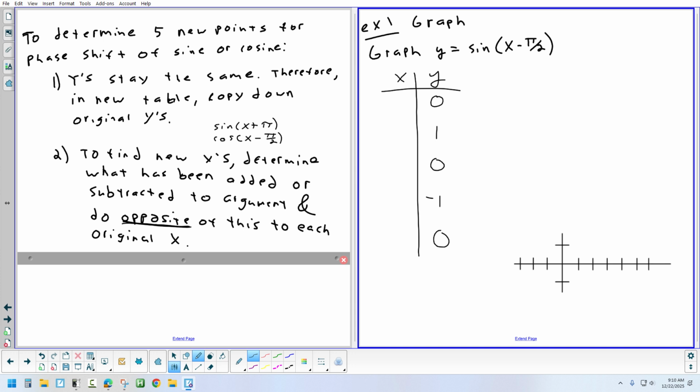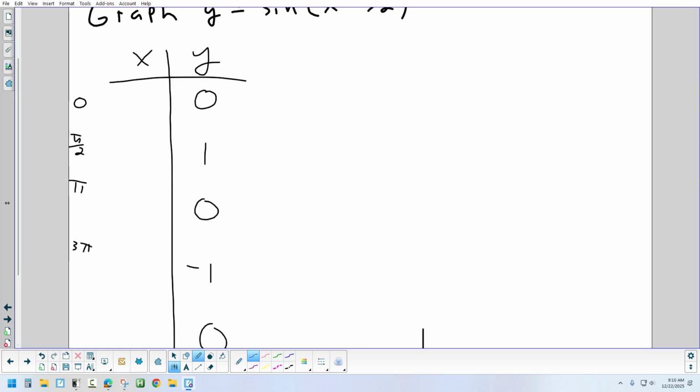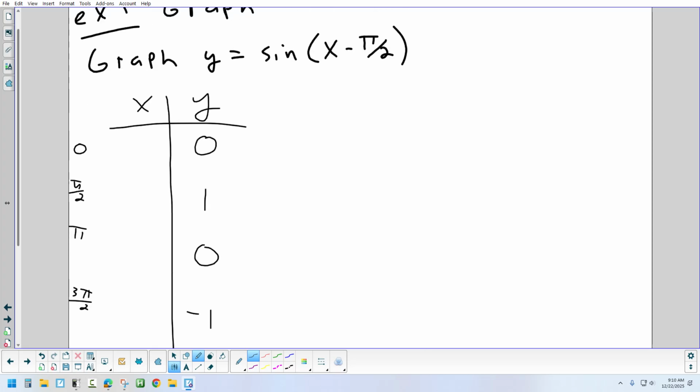Now, let's write down the original x's. Can you tell me those as well? I'm not going to put them in the table. I'm going to put them off to the side. Okay, 0, pi over 2, pi, 3 pi over 2, and 2 pi. Now, those are all going to be shifted to the right.